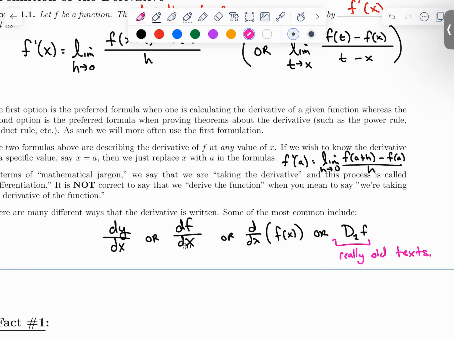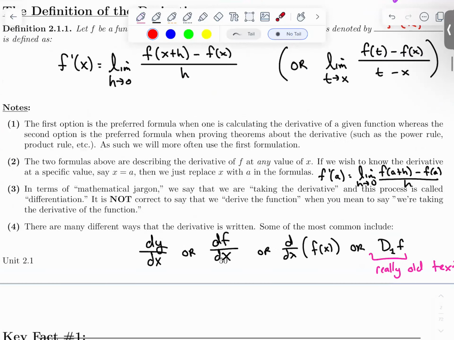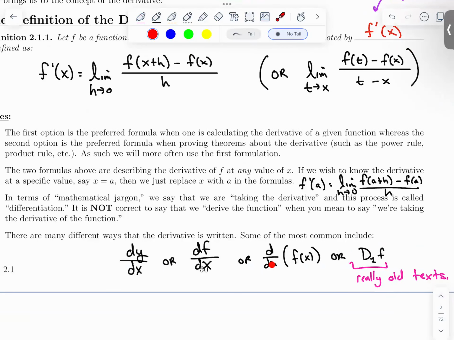Don't worry about that one too much. That can become useful in Calc 3 and beyond when you start dealing with multiple derivatives and what to do then. That's way down the road. So that's for later on in your mathematical career. We will see in particular f prime, dy dx, or df dx, or d dx of f.